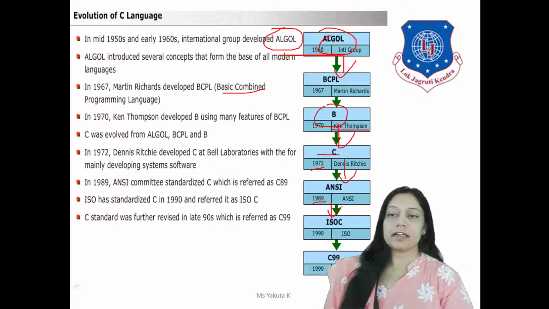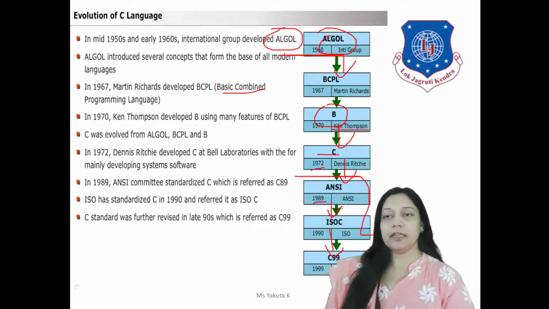Then afterwards the standard was updated by ISO in 1990, and the latest one we are using now is the C99 standard. So ANSI, ISO and C99 are just the standards of the C programming language, in which there were different rules and regulations to be followed while coding.